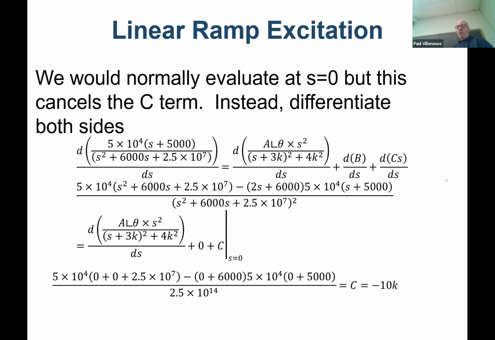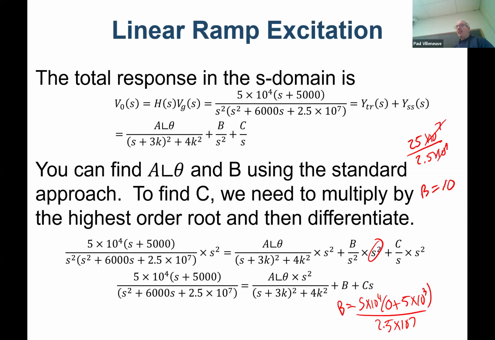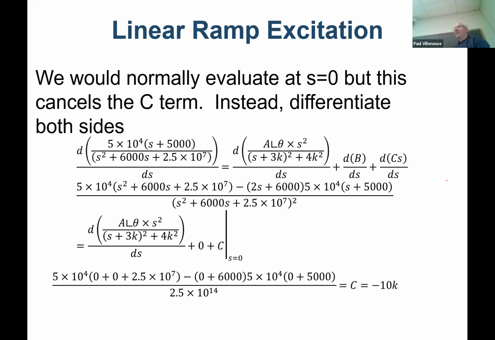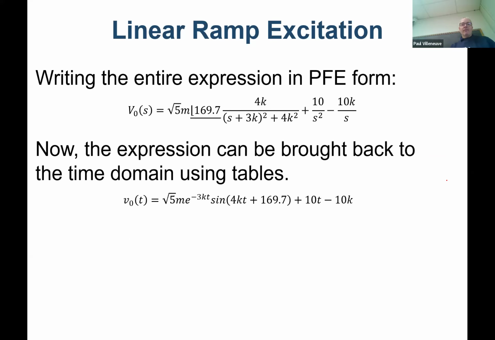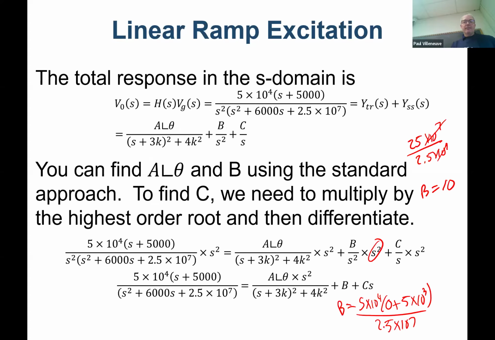Now to solve for C, I'm going to still multiply by the highest order S term, but now I'm going to take the derivative and then evaluate at the root. And what I end up with is C equals minus 10,000. And then B, did I solve for B yet? I did not.